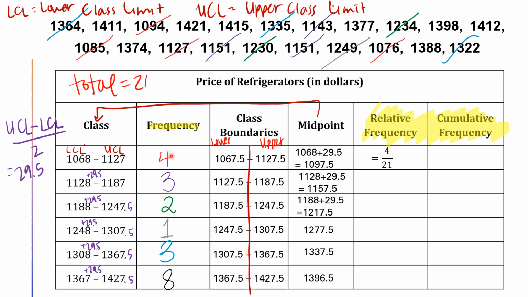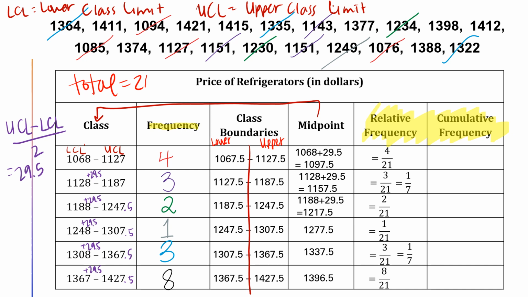That doesn't simplify. For the next class, it's 3 over 21, which does simplify. That becomes 1 over 7. For the next class, 2 over 21. That doesn't simplify. Then 1 over 21. That doesn't simplify. 3 over 21 again, which simplifies to 1 over 7. And then 8 over 21, which does not simplify.